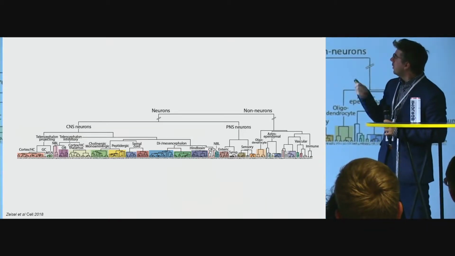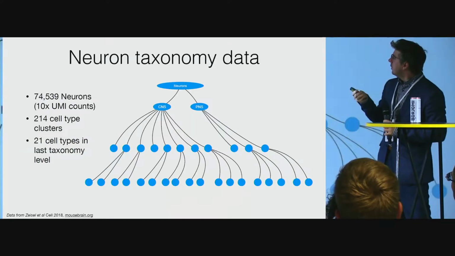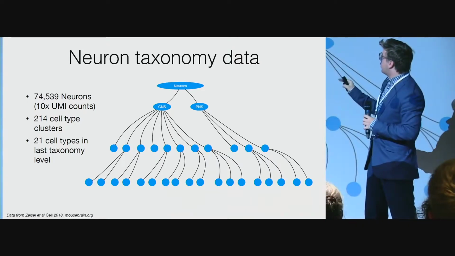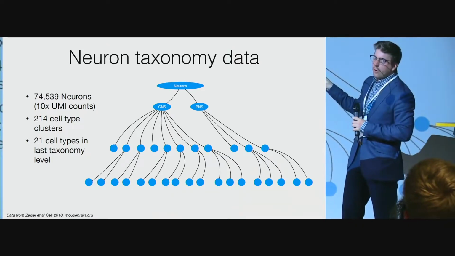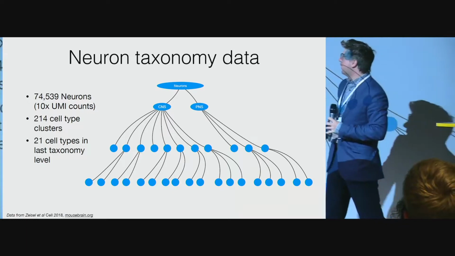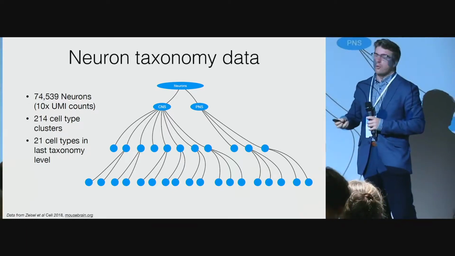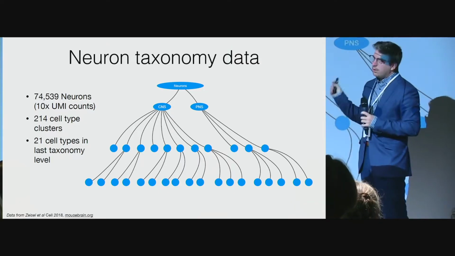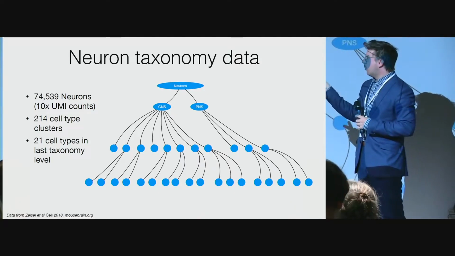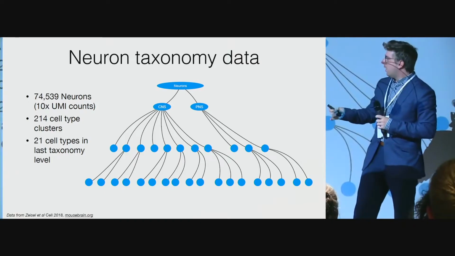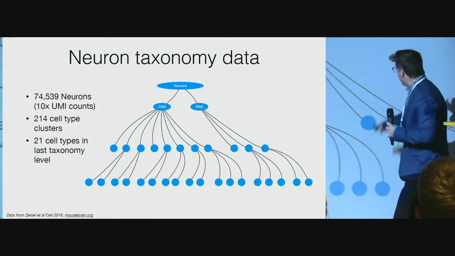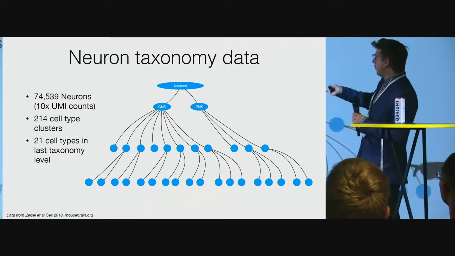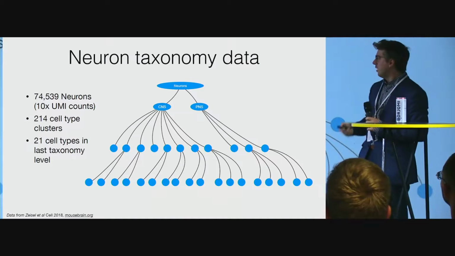So for this data set, I'm focusing just on the neurons branch of that taxonomy. They're all from the 10x commercial sequencing technology. There are about 75,000 total cells in this data set. They have annotated 214 cell type clusters, and in the last level of taxonomy, which is one level before what I'm showing here, there are 21 cell types. So this allows us to think about the relation between these different cell types.